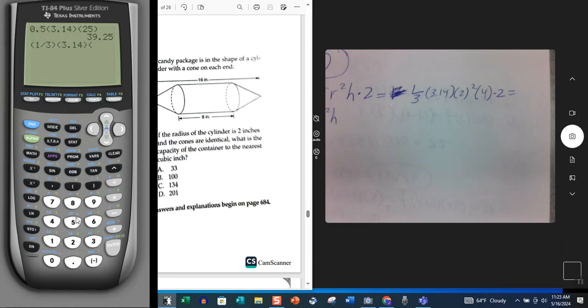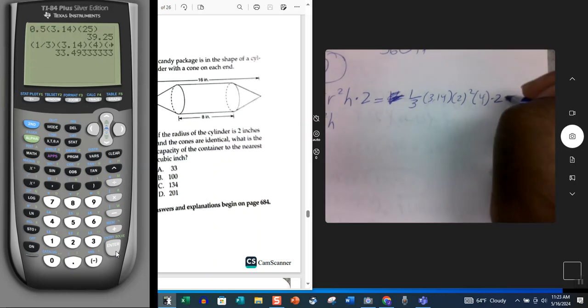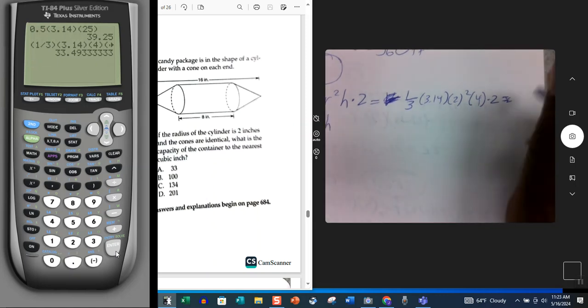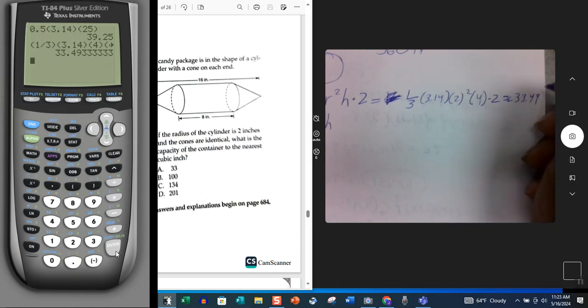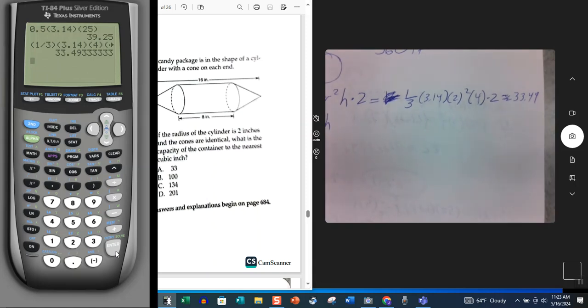Now 2 squared we know is 4, so we could just put 4. And then times another 4. And then times 2. And that gives us approximately 33.49. Okay, that took care of the volume of the cones.